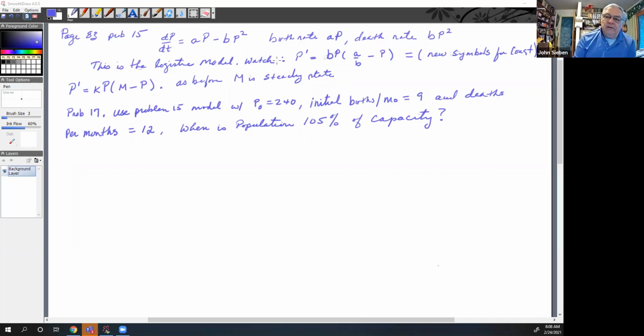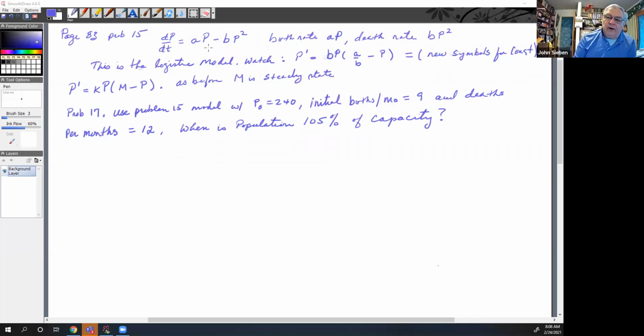So the logistic model was developed to somehow ameliorate those extremes by setting in a carrying capacity as part of the model. And in problem 15, we're actually giving you a model that turns out to be a logistic model. And you can see that this way.